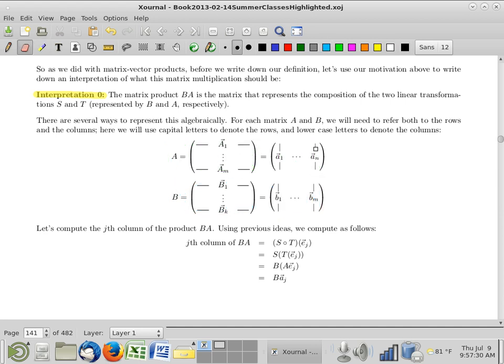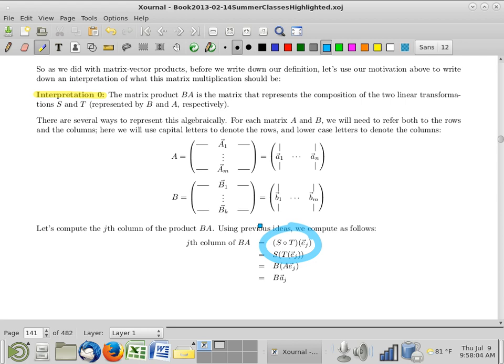Okay. And now let's just walk through and see what our product has to be. Again, don't forget, and this is our sort of definition of a matrix. The columns are the images of the standard basis vectors. Our interpretation, our motivation for what BA ought to be, is that it has to represent that composition, S compose T. Here's how you compose.